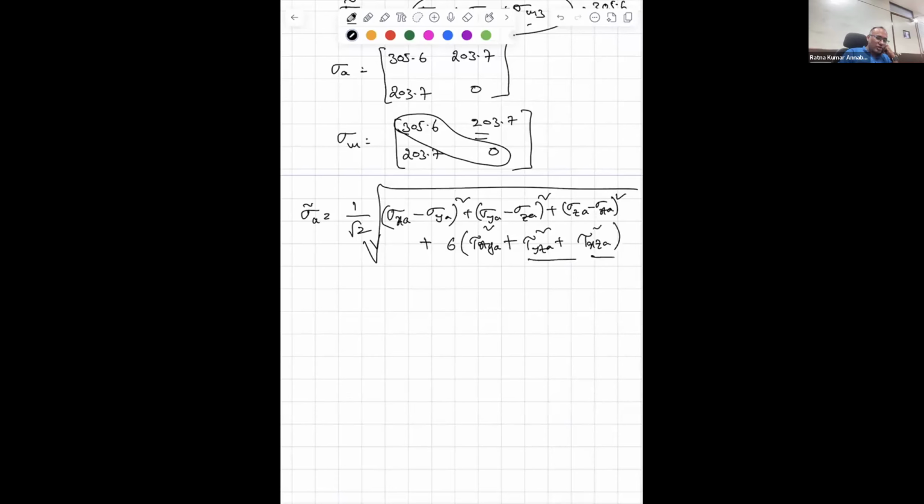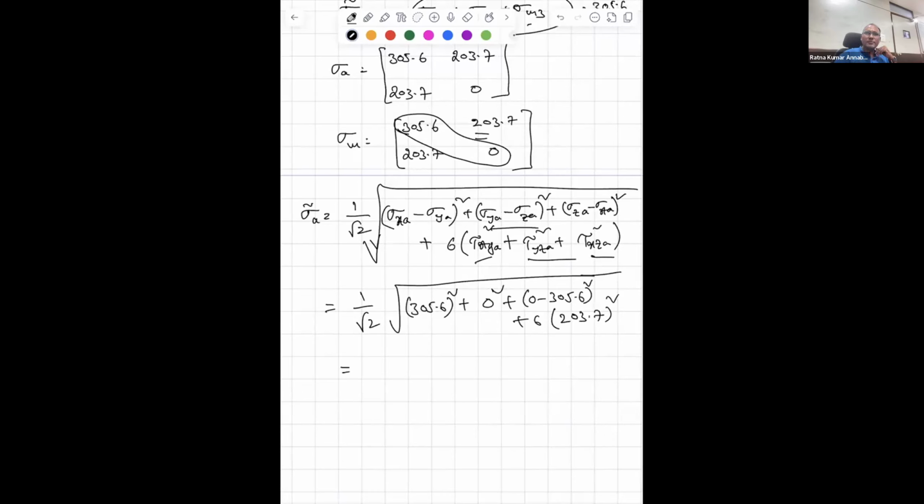The two components are 0, there is only one component. That means 1 by root 2 square root of 305.6 minus 0 whole square plus 0 minus 305.6 whole square plus 6 times 203.7 whole square. That will be how much?